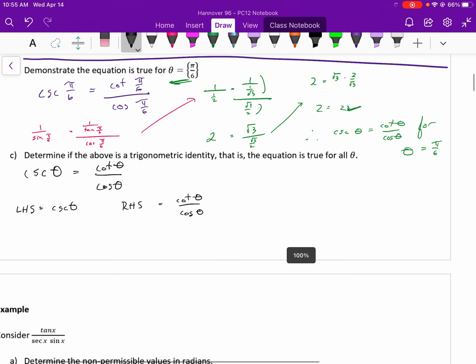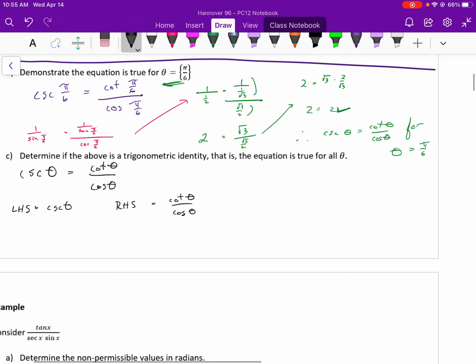So I'm going to maybe create a different column for my work here. I'm going to work my left-hand side, then I'm going to work my right-hand side. I'm going to start off with cosecant theta on the left and cotangent theta on the right. Hopefully, after a whole bunch of work, I get the same expression at the bottom.